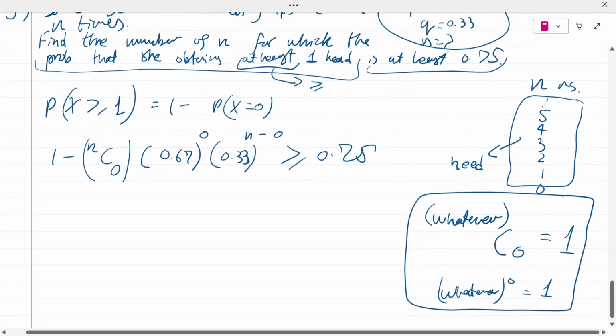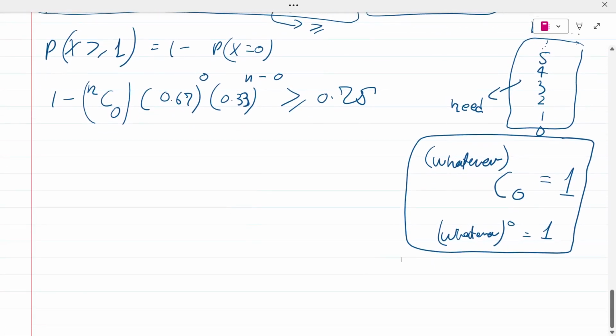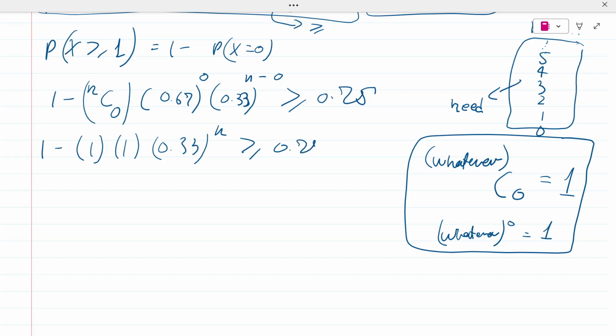So what we're going to do here is this. It's 1 minus 1, again 1, and 0.33 raised to the power n, greater than or equal to 0.75, right? Or 1 minus 0.33^n greater than or equal to 0.75, right?